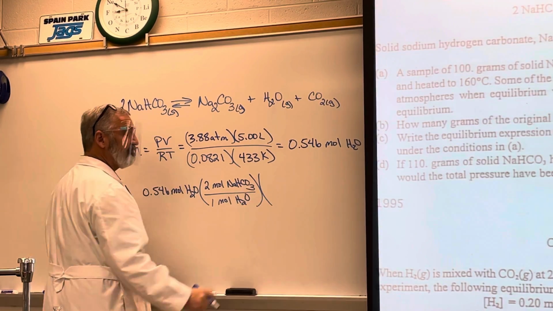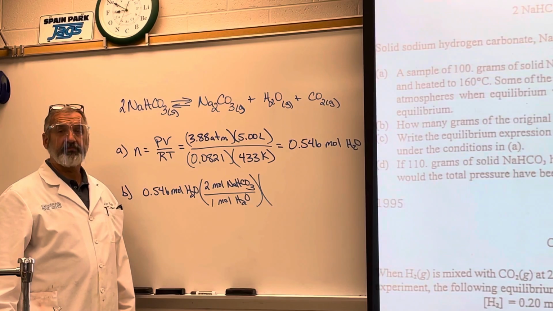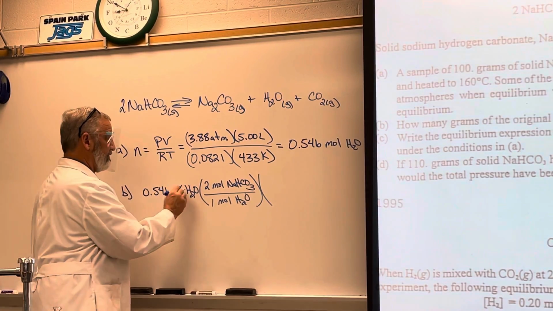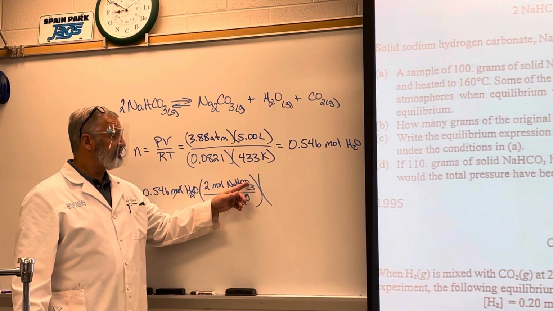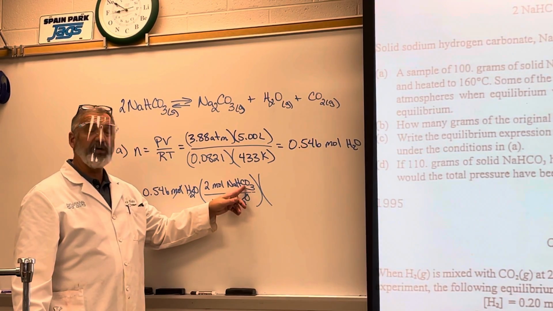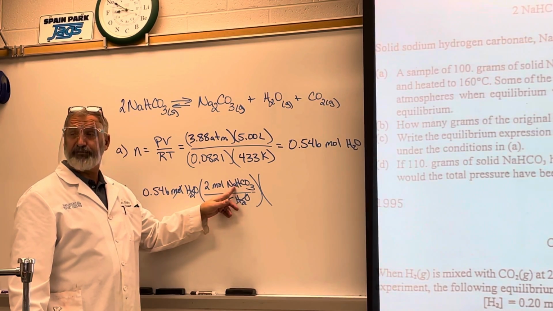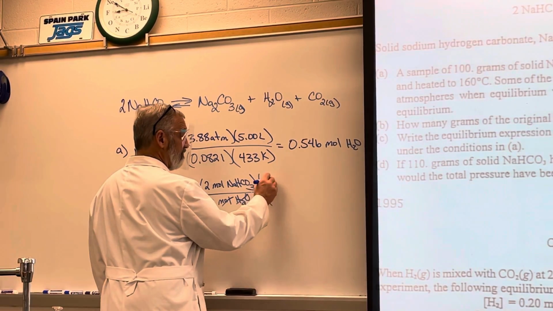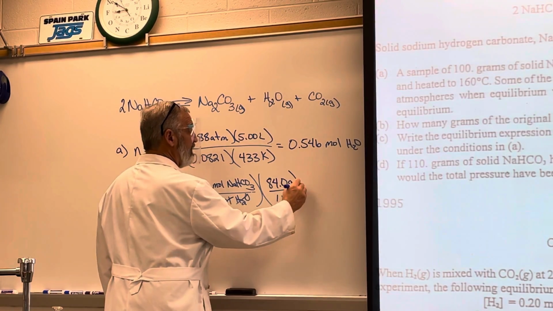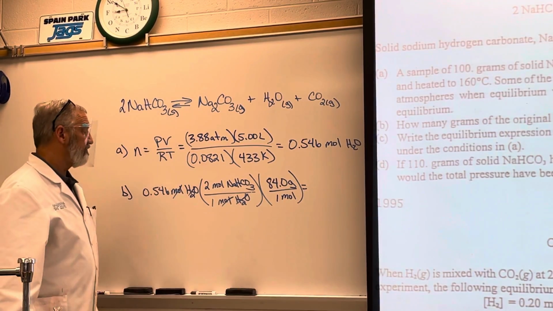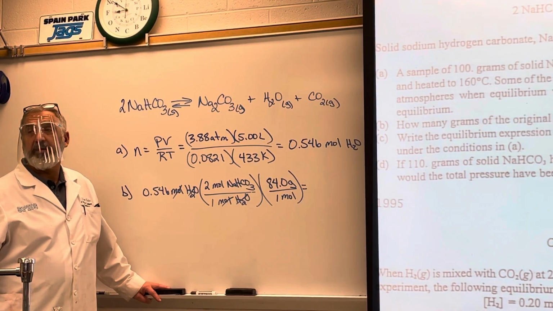And then do what? The molar mass of sodium bicarbonate is going to be 16 times 3 is 48, plus 12 is 60, plus 1 is 61, plus 23 is 84.